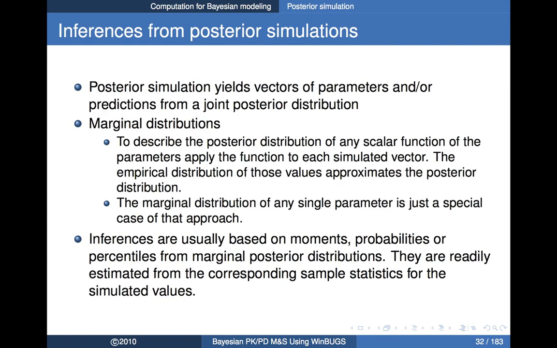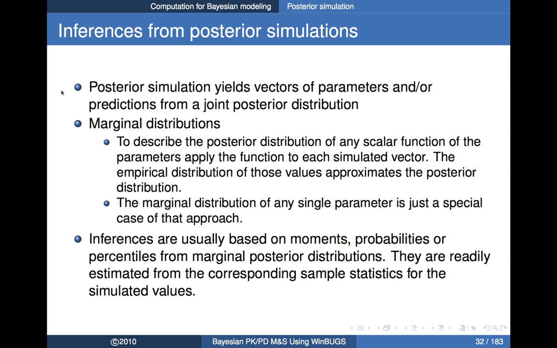And then suppose that I can do that using something like MCMC. How do I make inferences from these posterior simulations? One I've already alluded to is how you might get the expected value of some function of my parameters. But we can go past just expected values. We can describe entire distributions of those functions.